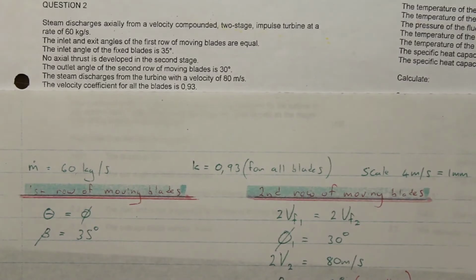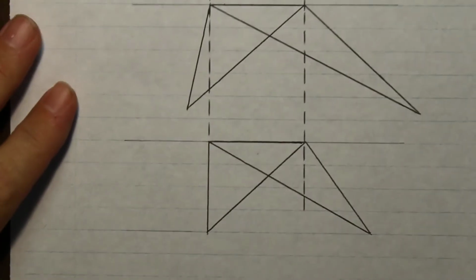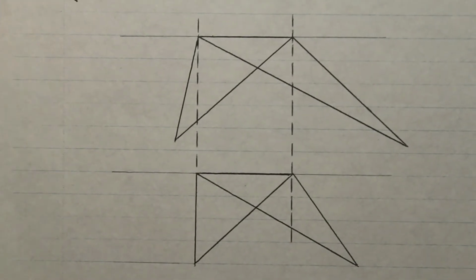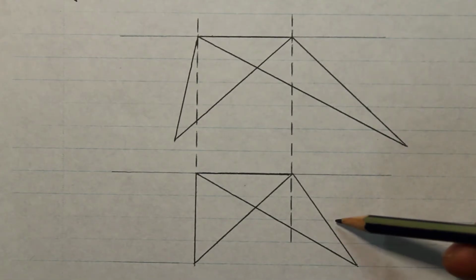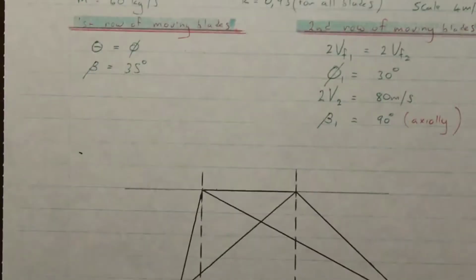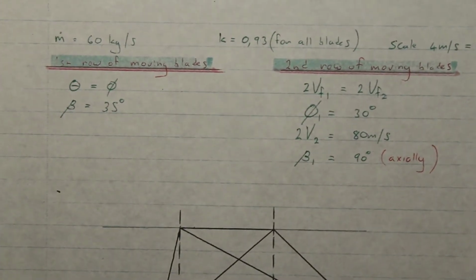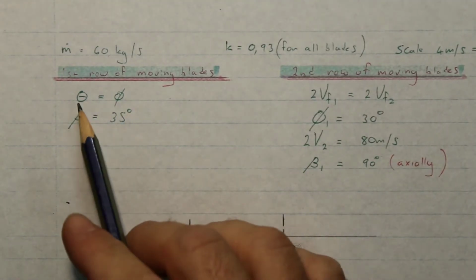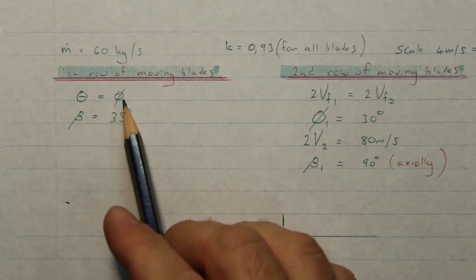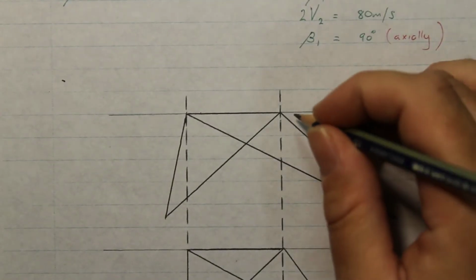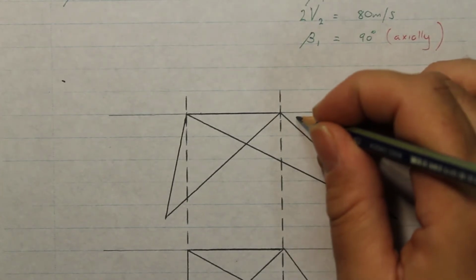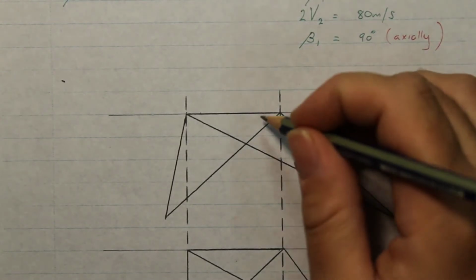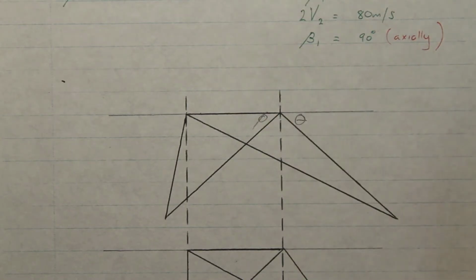So we need to insert all that information now. I've drawn a rough sketch of what it might look like. There's the first set of moving blades, and there's the second set of moving blades, and all I need to do now is write everything on. First of all, for the first set, theta must equal phi.